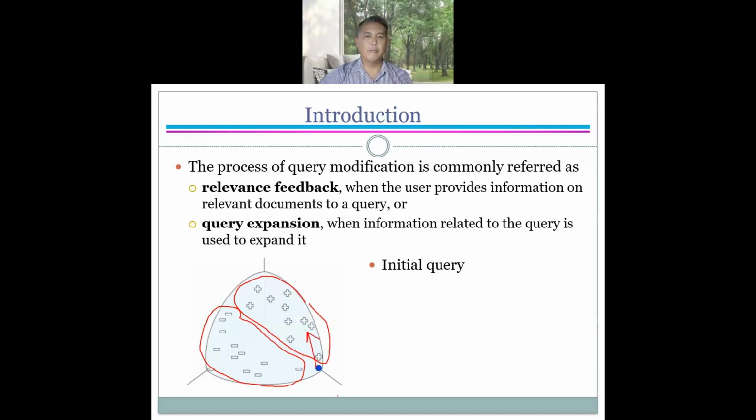The only way for you to move in that direction is to change the query, so that it moves in the right direction. You may go in this direction if you key in an irrelevant keyword; this one will move away from your positive documents.